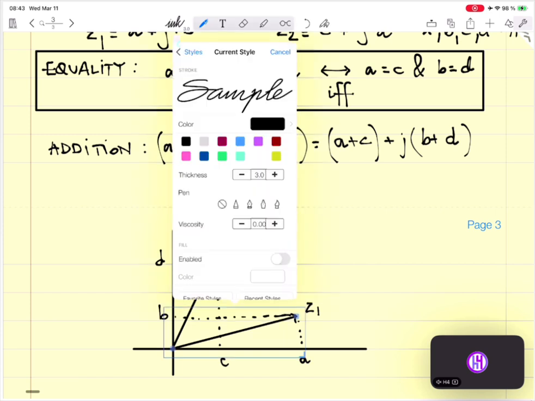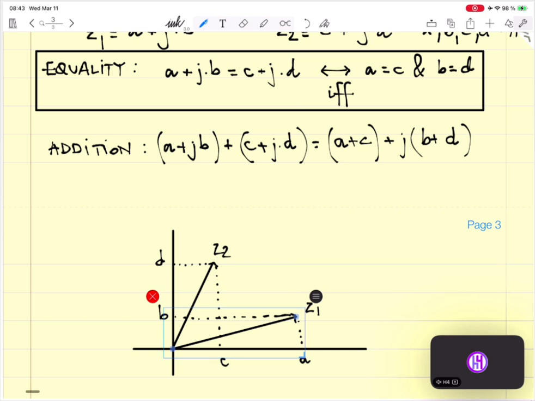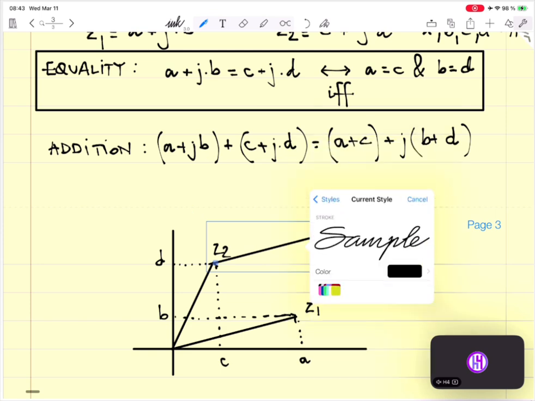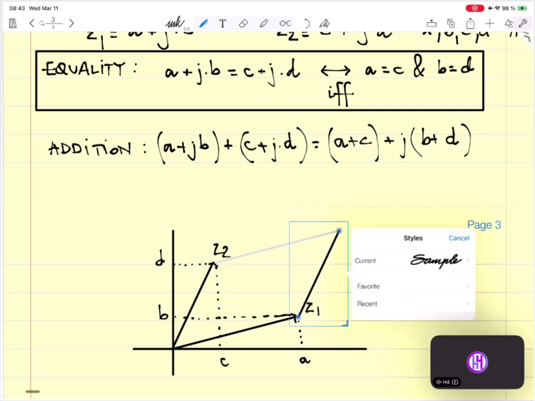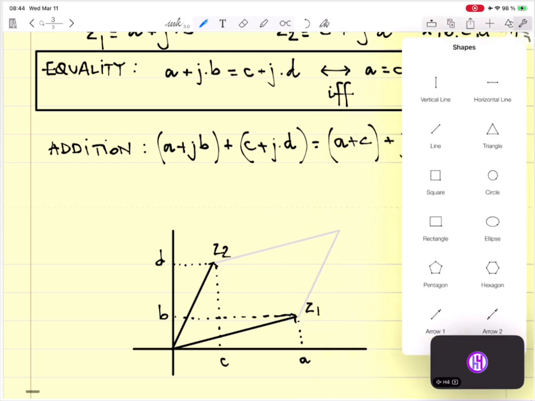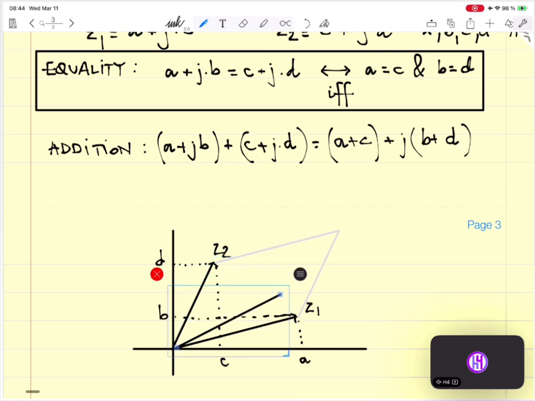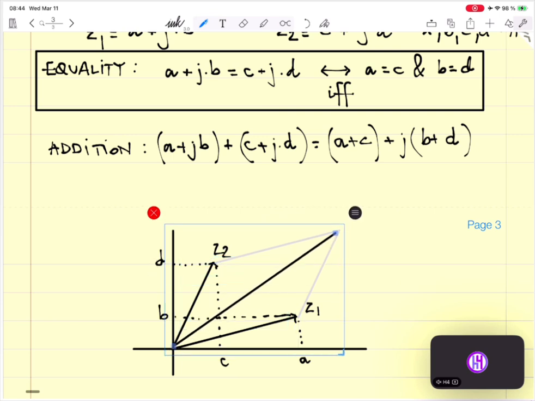The way to do it is putting two parallels at the end of each and building a parallelogram. So the resulting vector is this, okay?